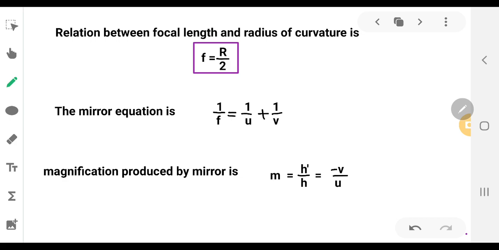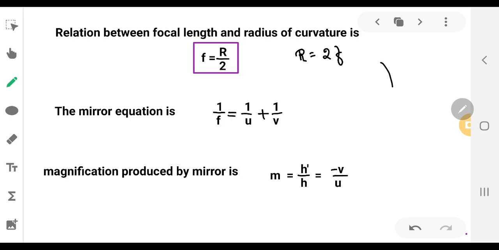So there are some relations between these terms. So we shall look at those relations. There is a relation between focal length and radius of curvature of the mirror. Focal length is always half that of the radius of curvature, or radius of curvature is 2 times the focal length of the mirror.